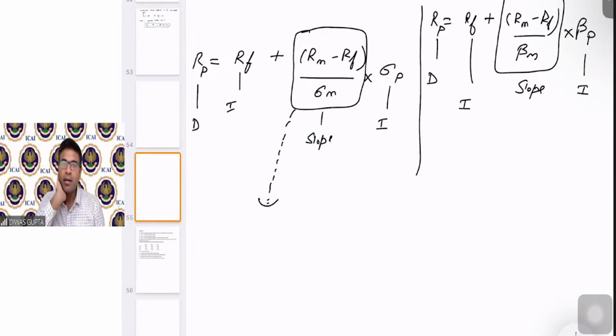Yes, students, please tell me, what do you think this slope represents? RM minus RF divided by standard deviation of market. What does this slope indicate, students? Manisha is saying beta, okay. Just now we have studied, students. What is this exactly? Just think and then answer, please.